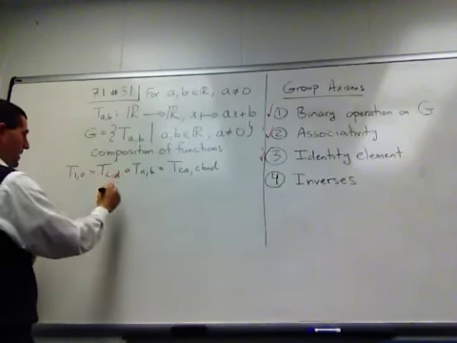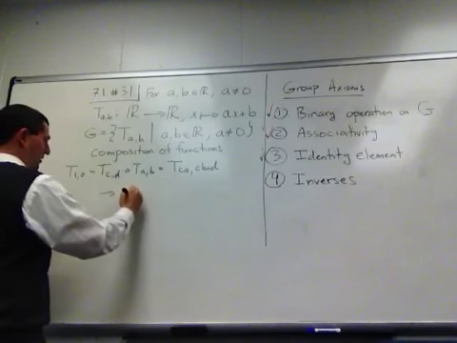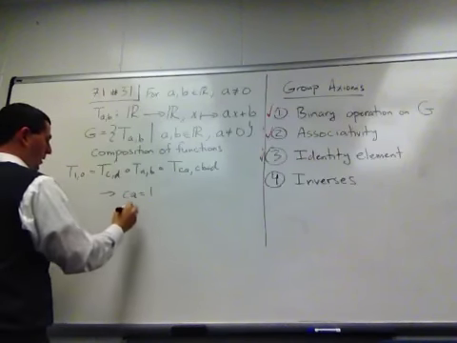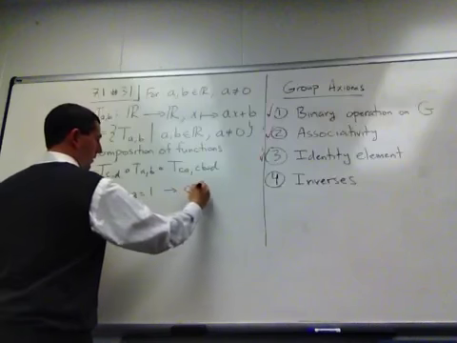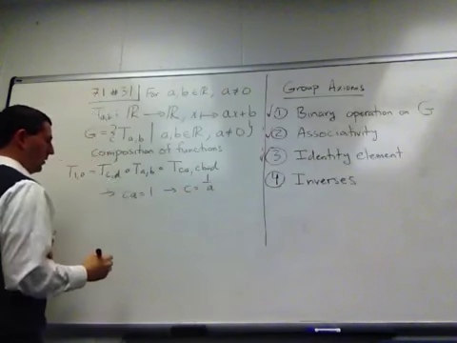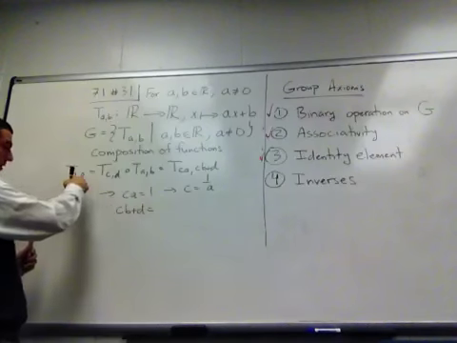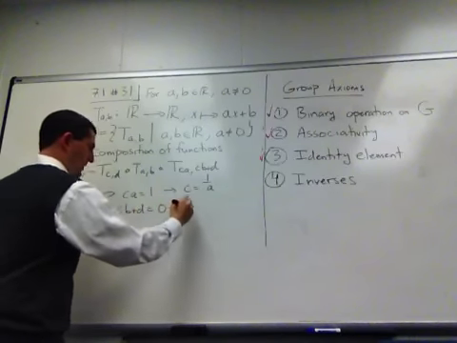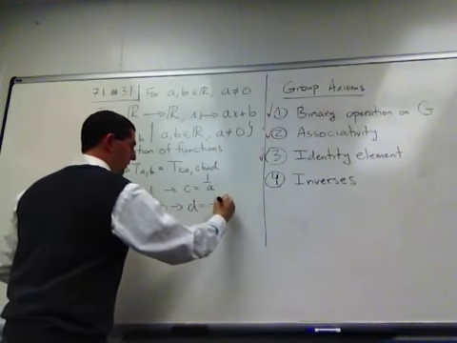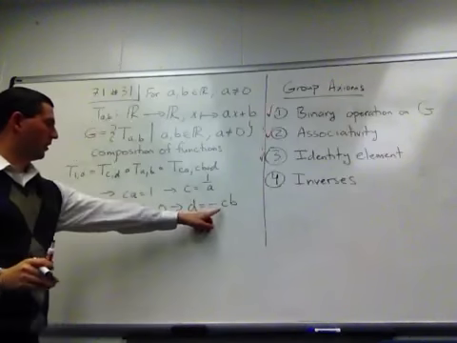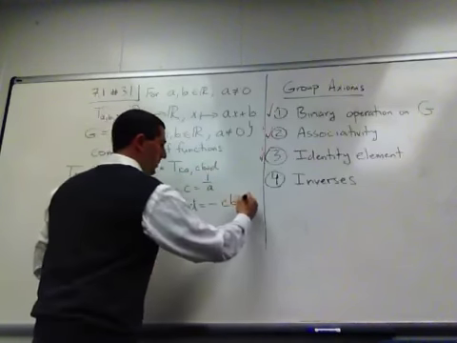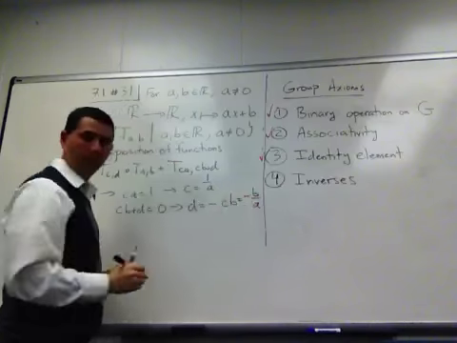That immediately tells you that ca is going to equal 1, and so c is going to equal 1 over a, and cb plus d is going to equal 0, so d will equal negative cb, and since c we already know is 1 over a, this becomes negative b over a.